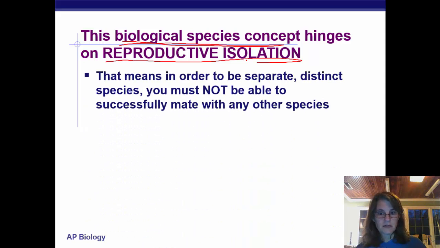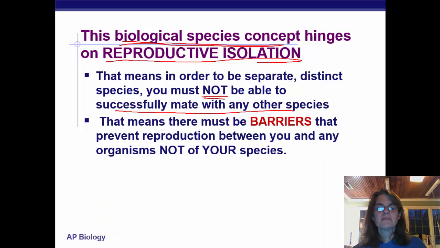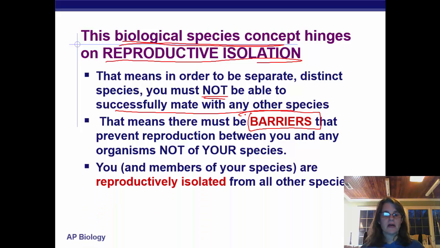So this means in order to be separate, distinct species, you must not be able to successfully mate with any other species. Okay? So there must be barriers that prevent you from doing so. You can't mate with others not of your species. You are isolated reproductively from all other species.